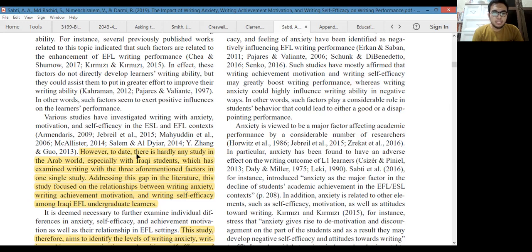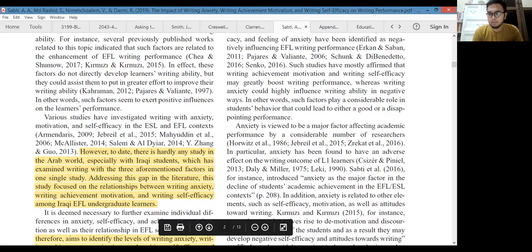However, to date, there is hardly any study in the Arab world, especially with Iraqi students, which has examined writing with the three aforementioned factors in one single study. So this is the gap. To fill this gap, the study focused on the relationship between these three factors among Iraqi EFL undergrad learners.